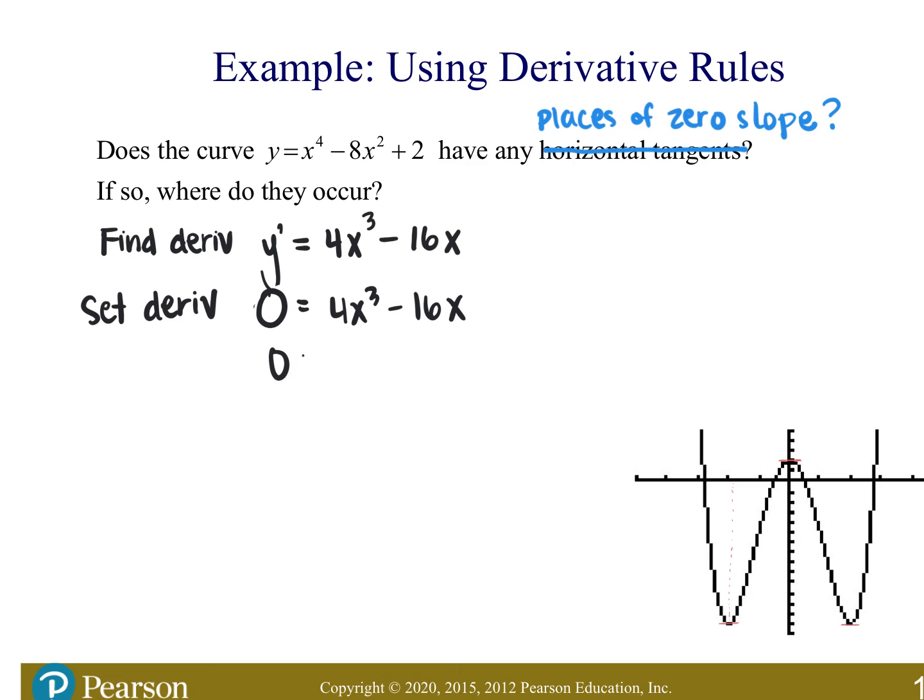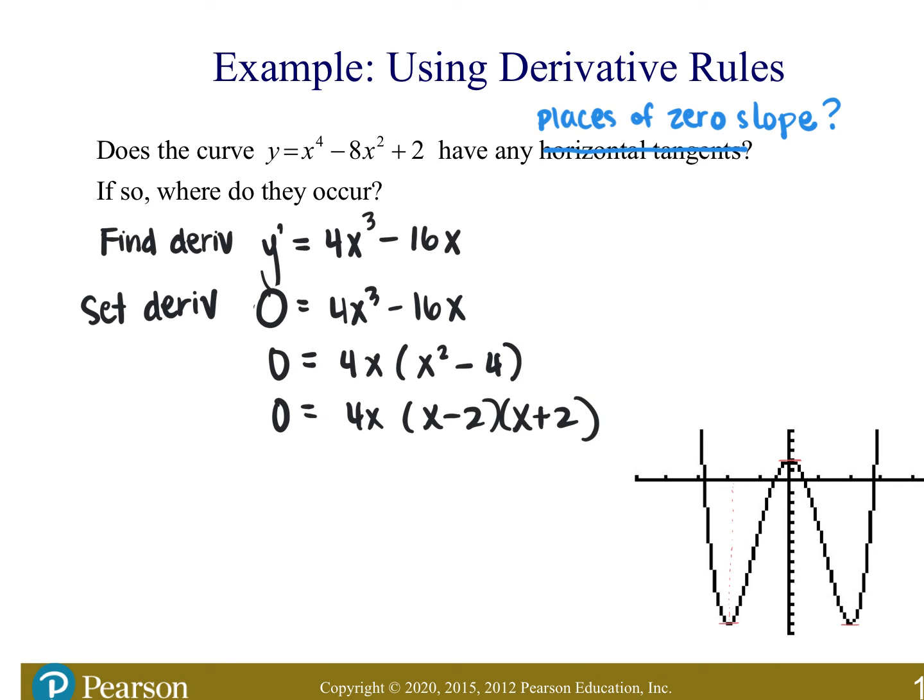What is the algebra here? Factor out what they have in common. What do they have in common besides an x? A 4. So a 4x, leaving me with x squared minus what value? 4.